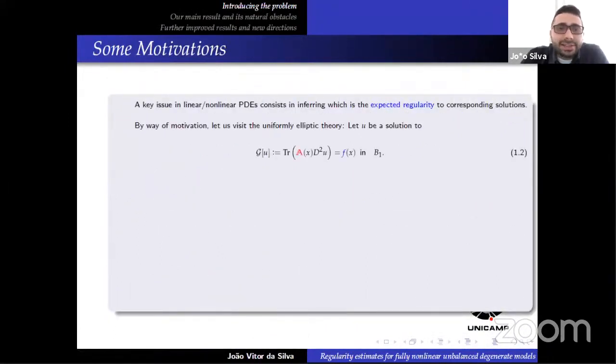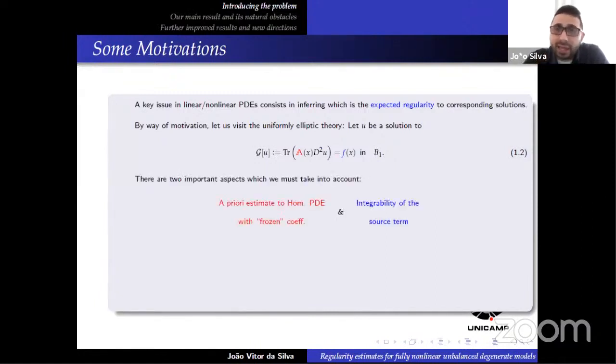Before starting and presenting our results, let me present some other motivations. When you look for sharp regularity estimates for elliptic problems, we focus on taking into account two specific aspects of the problem.